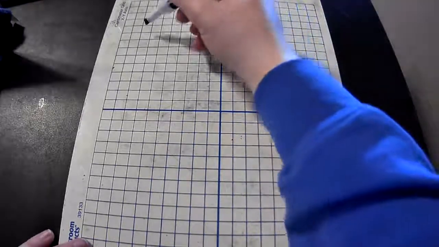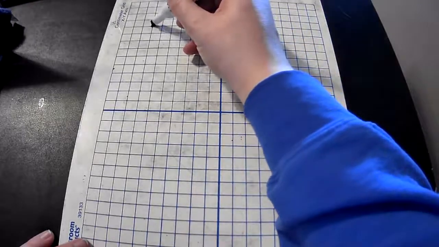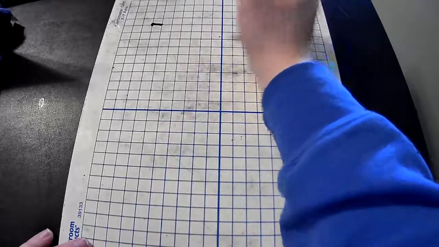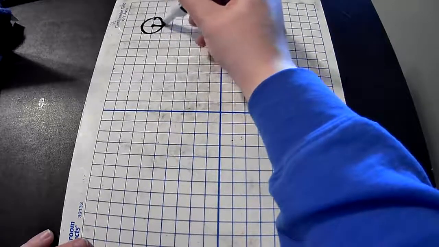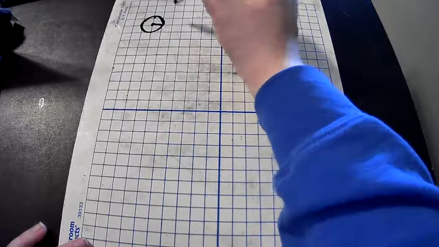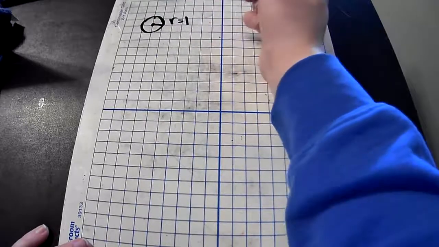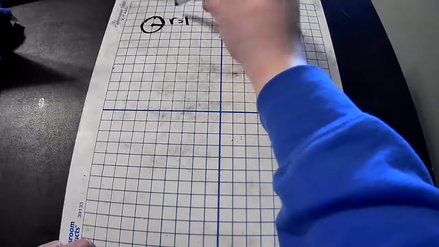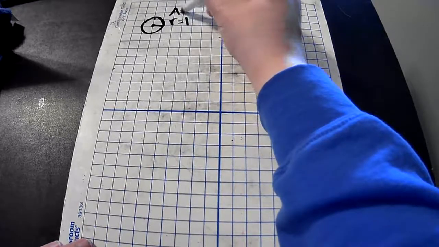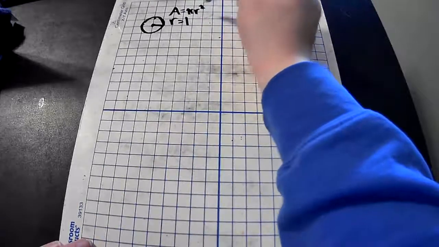So it starts out by saying that if we have a circle that has a radius of 1, so here's my circle, the radius is 1 unit. For my original circle, the radius was 1 unit. We know that the formula for the area of a circle is area equals pi times the radius squared.